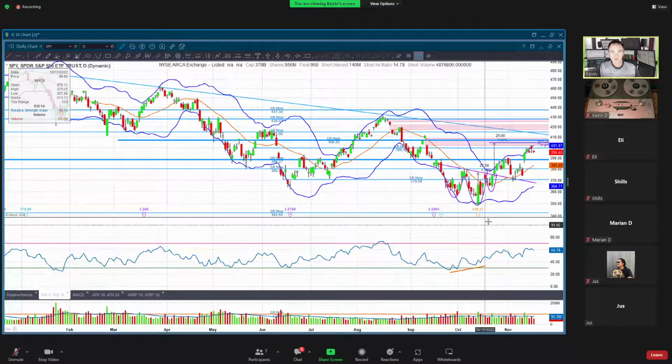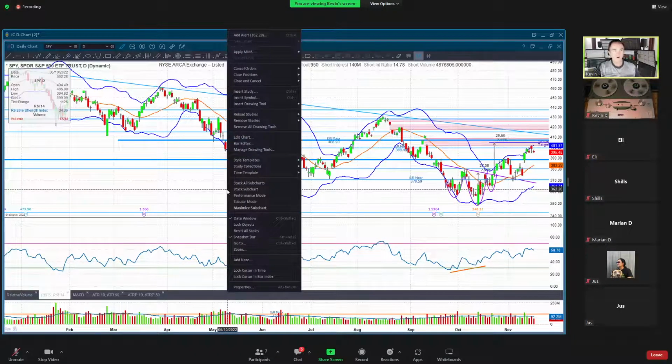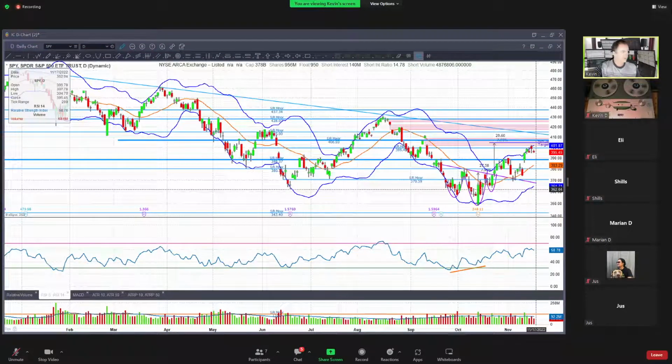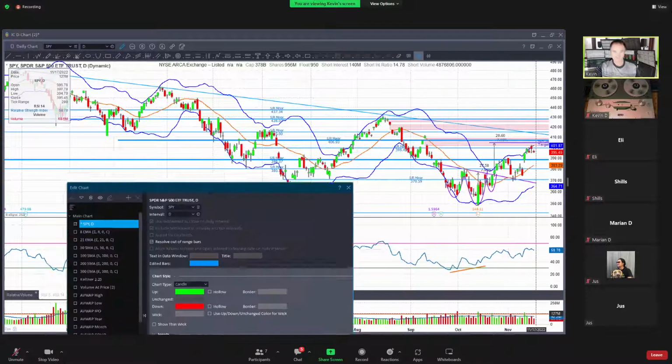All right, so this is the day we're looking at here. Sorry, I want to clean this chart up. Just give me half a second here. Oh shoot. So, there it is, okay.